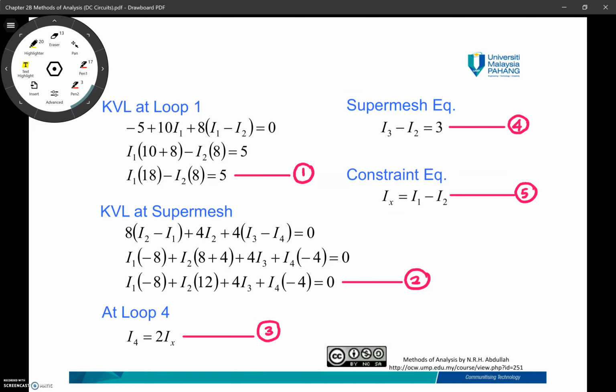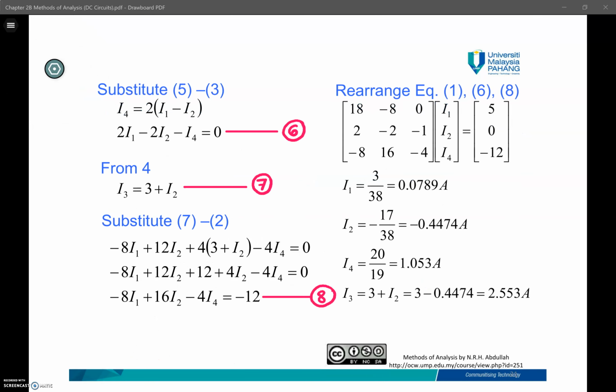And then for loop number 3, actually you can make it simple: I4 minus 2Ix equal to 0. Then again, substitute 5 into 3, and then you can get an equation that looks like this.